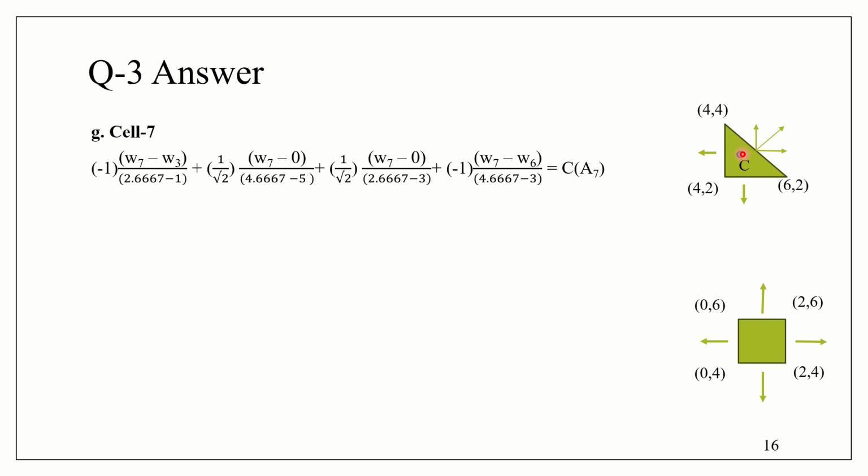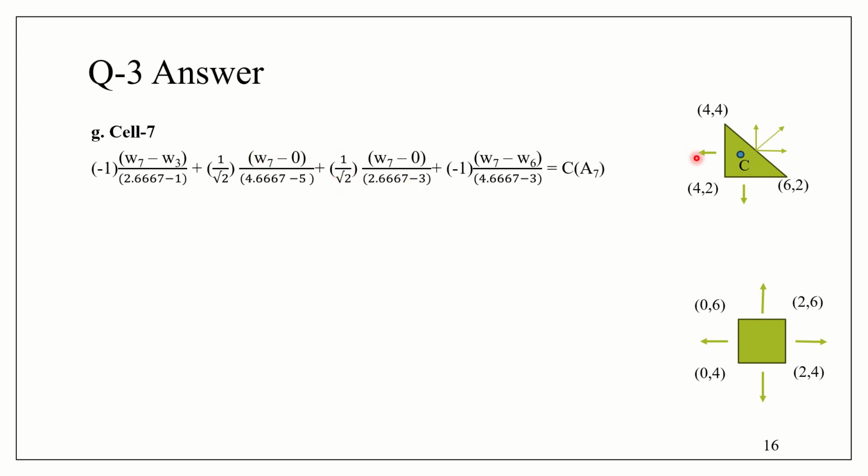In the y direction it is 2.67 minus 3, so the midpoint is 3, at the midpoint of the side, because after that the triangular duct is ending. So 2.67 minus 3, W7 minus 0 divided by 2.67 minus 3 into 1 by root 2.